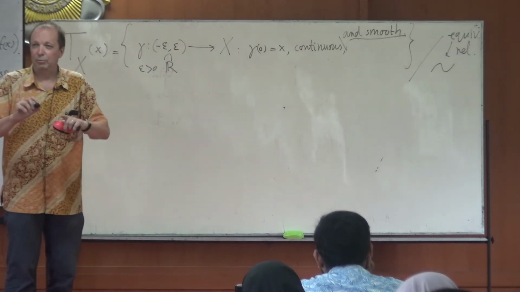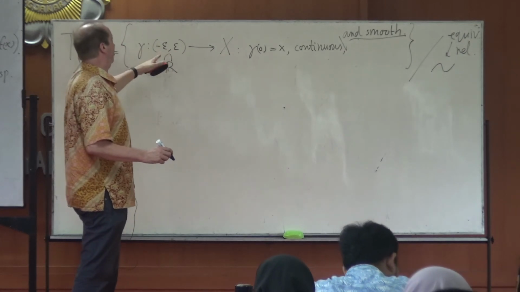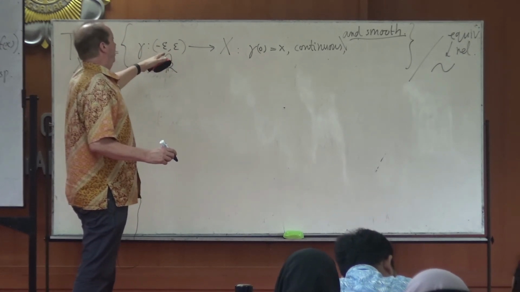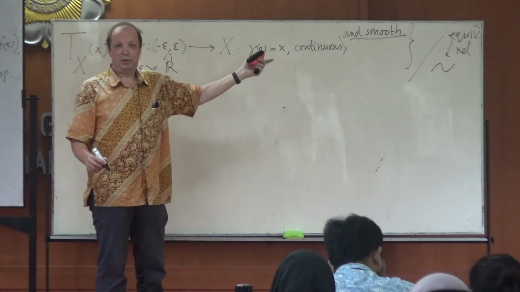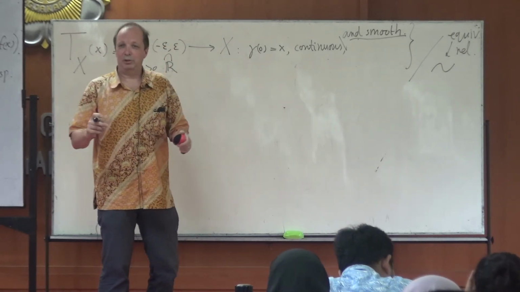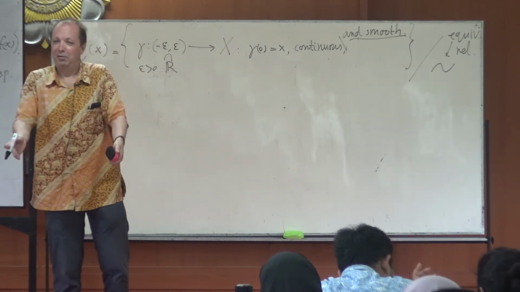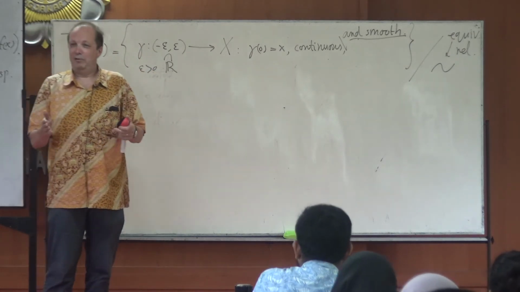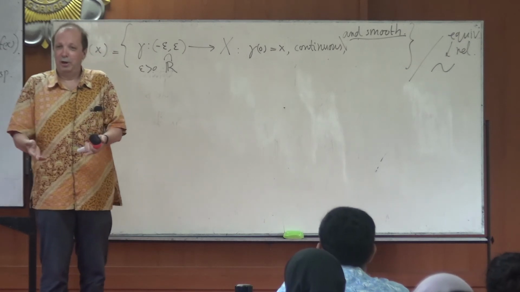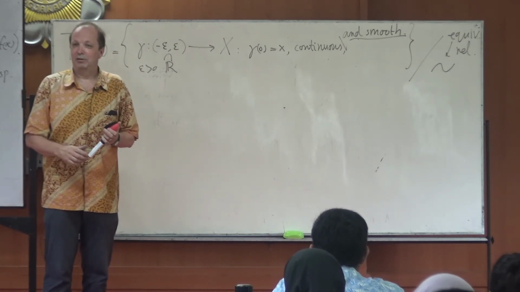And we want to talk about the tangent vector of this curve at the point 0. So imagine that you drive your car on the earth. Then at every moment you have where you are, you have a direction and a speed. And that is the tangent vector, right?